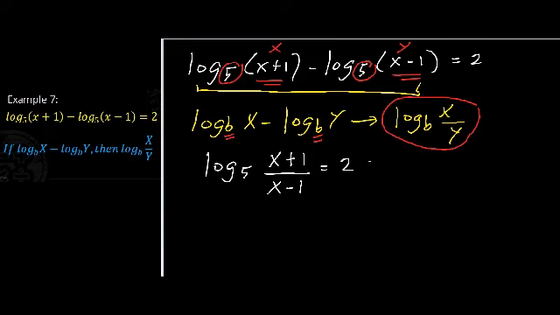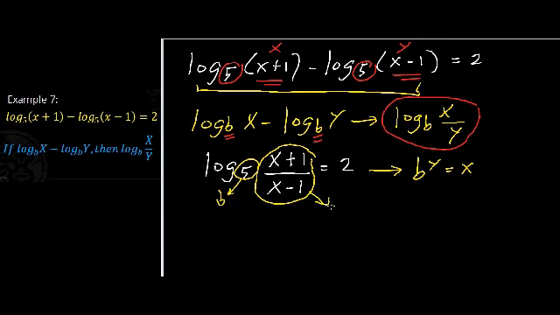So, in this case, we will follow the property of logarithm that it can be written as p to the y power is equal to x. So, 5 will be our letter b. Si x plus 1 over x minus 1 will be our letter x.